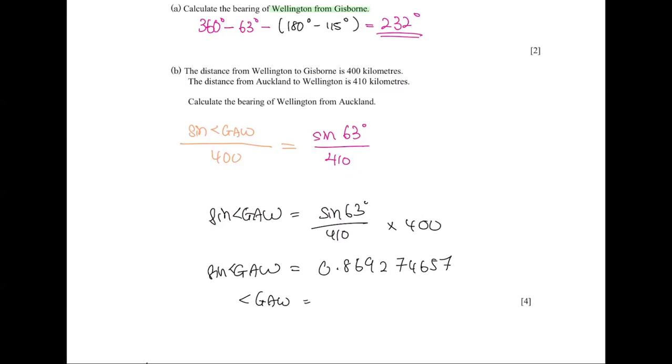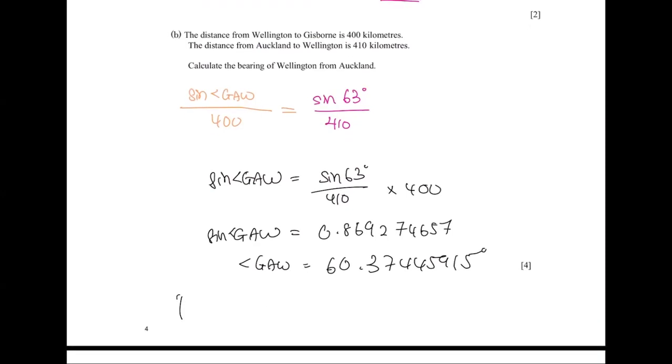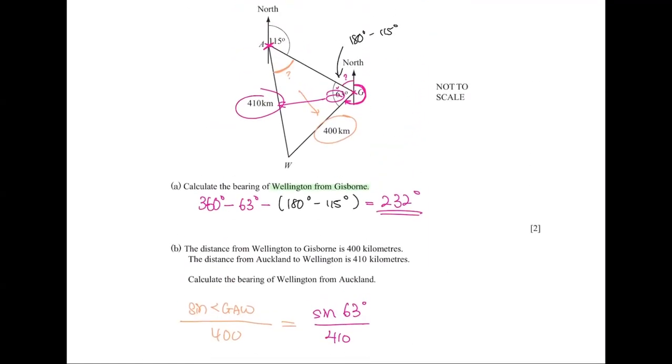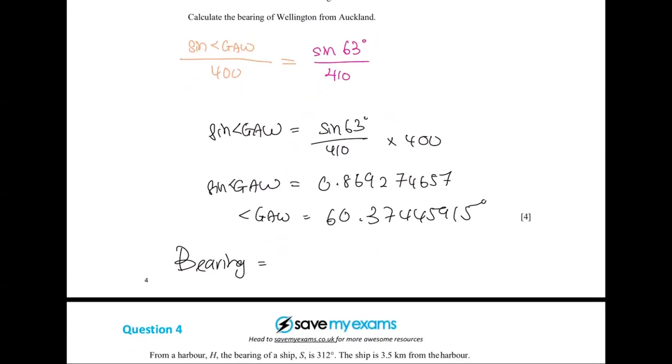Inverse sine it, and you get 60.3744515 degrees. So the bearing is equal to 115 plus that, which is 175.3.